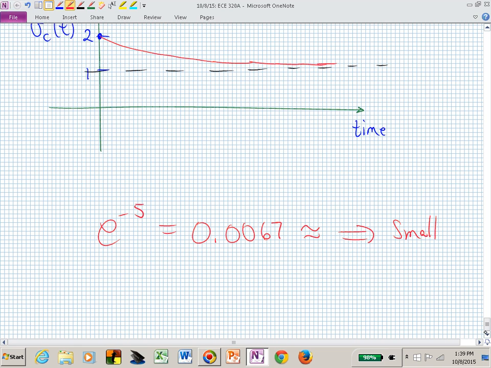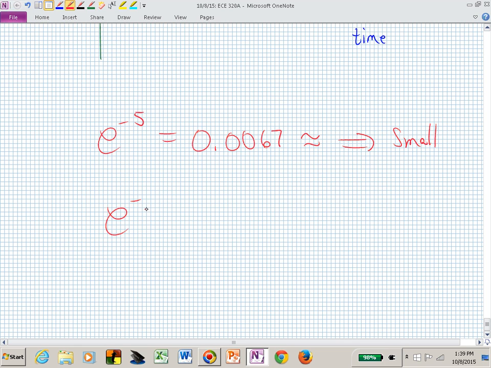Remember when they were saying, where do you get to e to the minus 1? Do you remember what that was? 1 over e. That's okay. That's a correct answer.